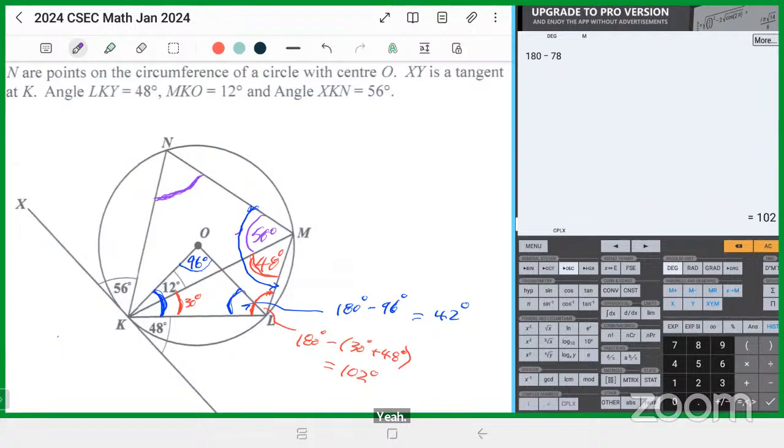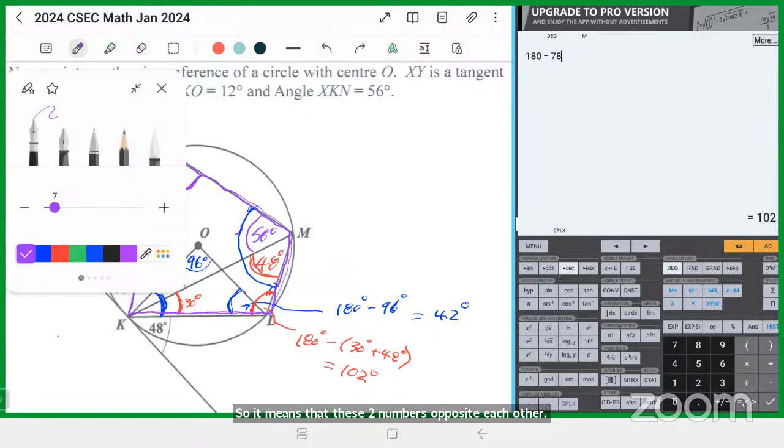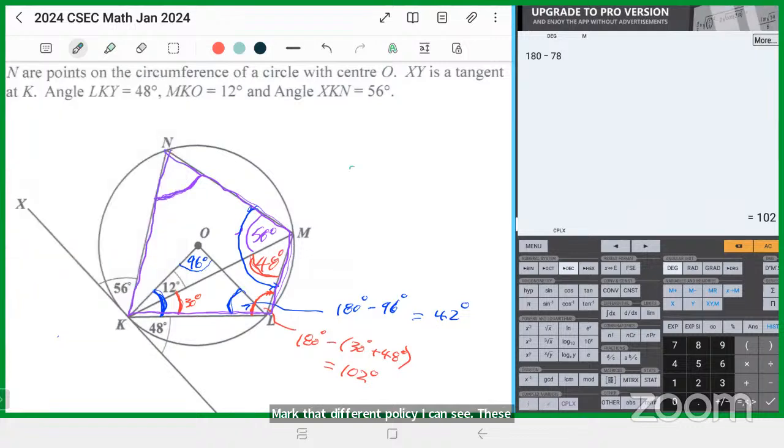Firstly, you could use a cyclic quadrilateral here, right? That's a cyclic quadrilateral, four vertices on a circumference, so it is cyclic. It means that these two angles opposite each other, I'll mark them in green, add up to 180 degrees.